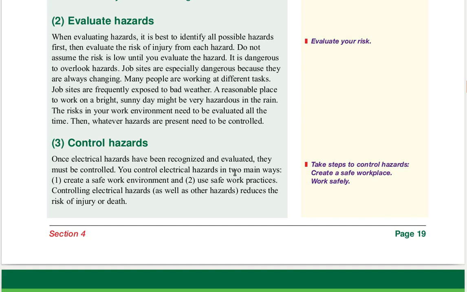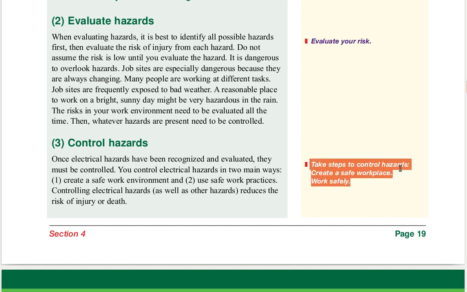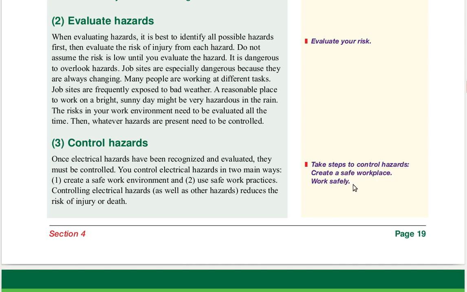You control electrical hazards in 2 main ways. 1. Create a safe working environment, and 2. Use safe work practices. Controlling electrical hazards as well as other hazards reduces the risk of injury or death. Take steps to control hazards, create a safe workplace, and work safely.